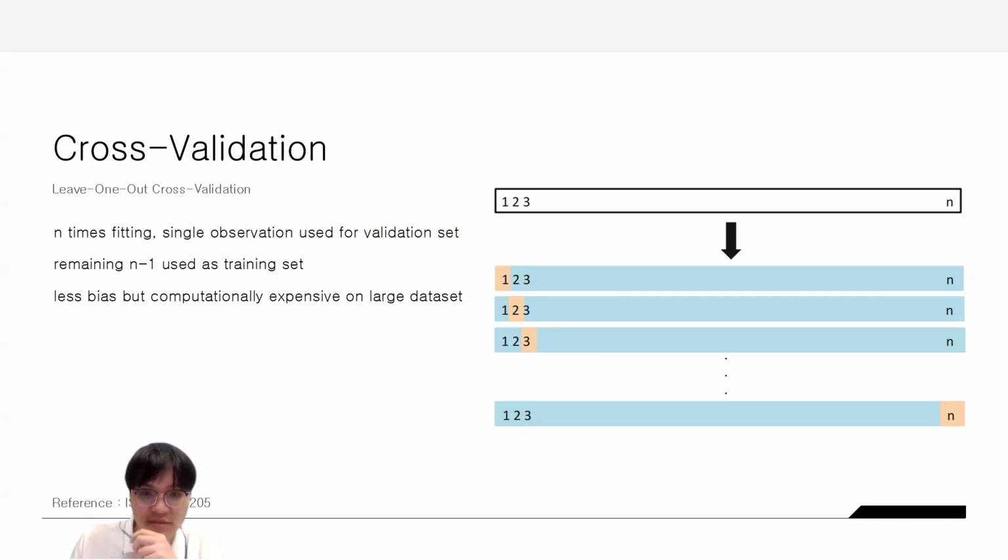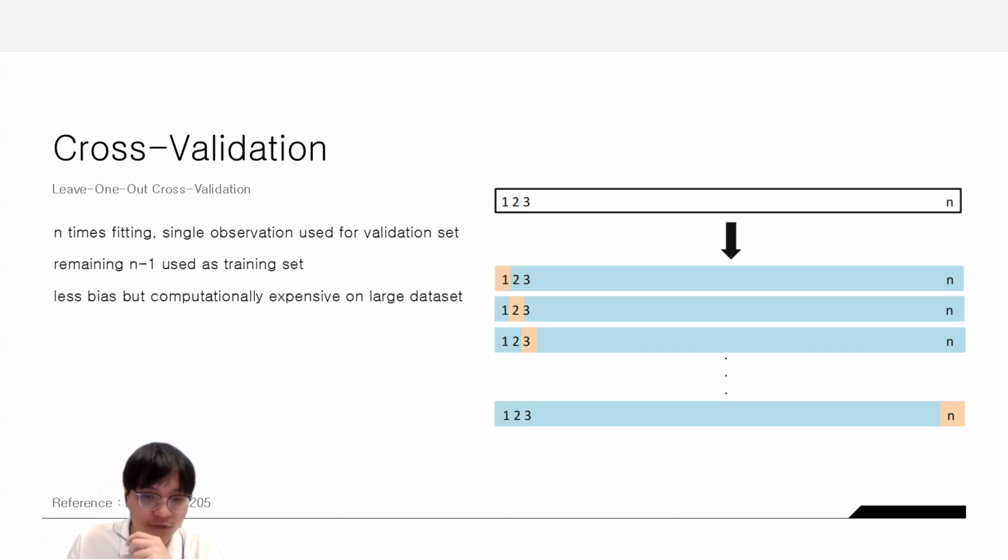In each fitting, a single observation is used as the validation set, and the other n-1 observations are used as the training set. Here the orange observation is used as the validation set, and the remaining blue data is used as the training set.